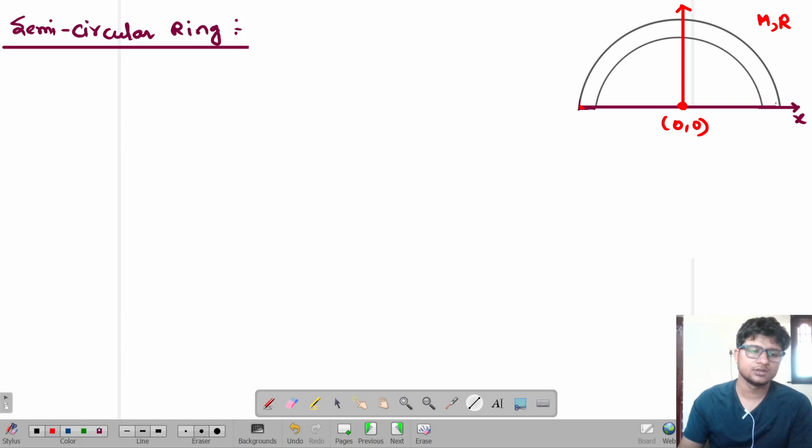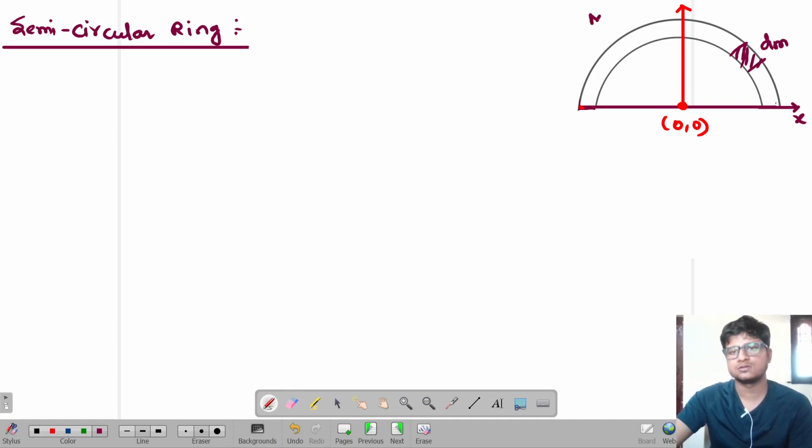So first idea is, once again you'll have to start with this idea that consider a small mass dm. If the total mass of the ring is m and radius r, I have to first consider a dm mass which makes some angle d theta at the center of the ring.